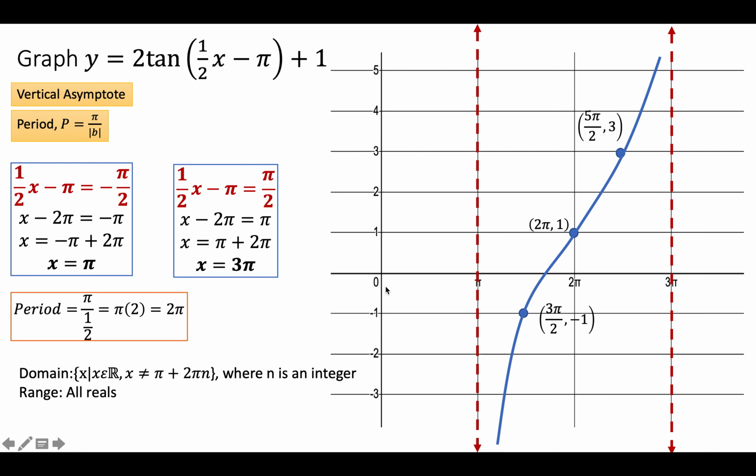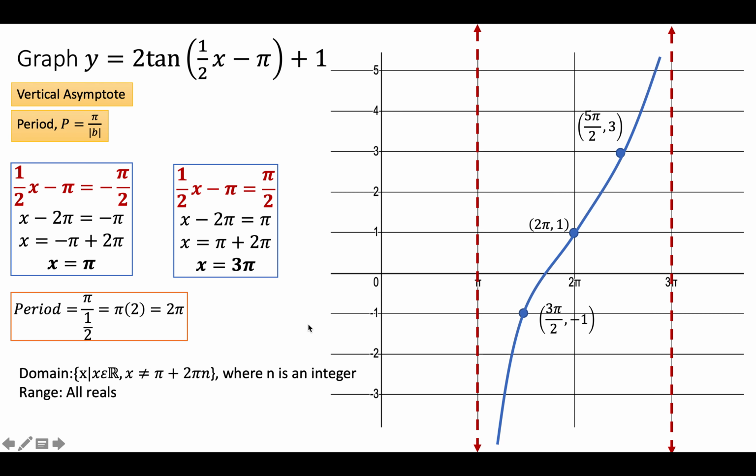So really, 5 pi is also not part of our domain. Since in a tangent function there are infinitely many vertical asymptotes, not only pi, not only 3 pi, you have to write that in a general form. And as you can see, the range here is all real numbers because this graph can be extended infinitely upward, and it can also be extended infinitely downward.